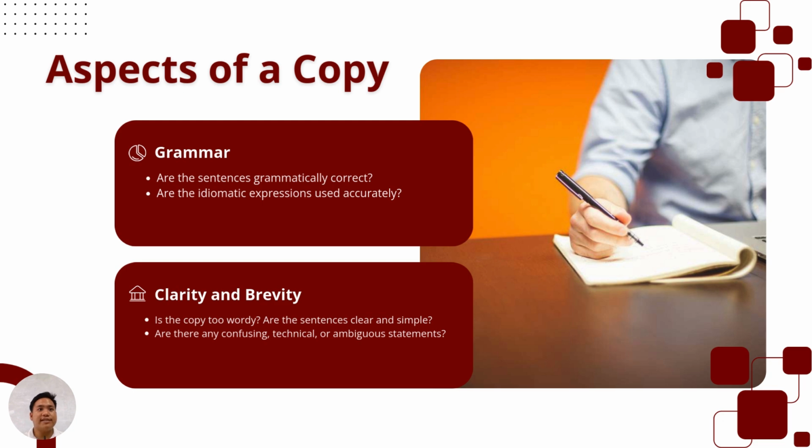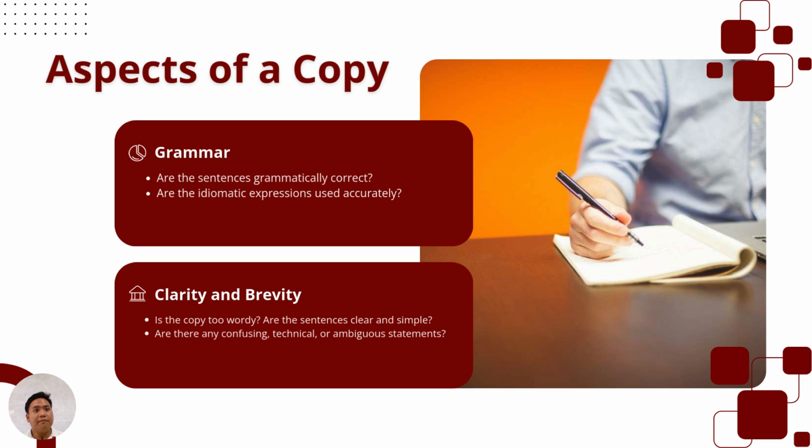Next is, of course, grammar. So grammar ensures that the sentences are correct and easy to understand, and that idiomatic expressions are used properly. For example, an editor would correct a sentence like "he don't know the rules" to "he doesn't know the rules," ensuring proper subject-verb agreement.